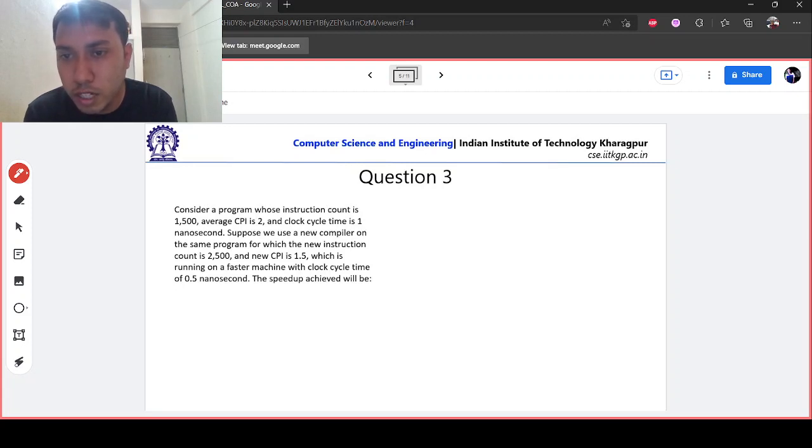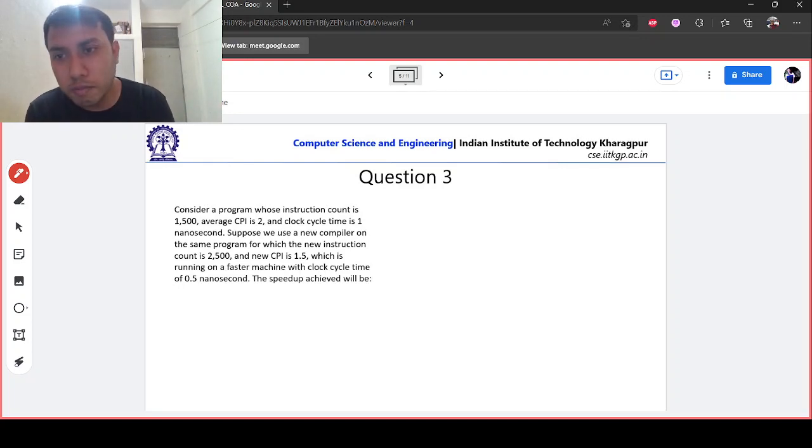Suppose we use a new compiler on the same program for which the new instruction count is 2500, and the CPI will be 1.5, running on a faster machine with clock cycle time 0.5 nanoseconds. So what is the speed up we are gaining?